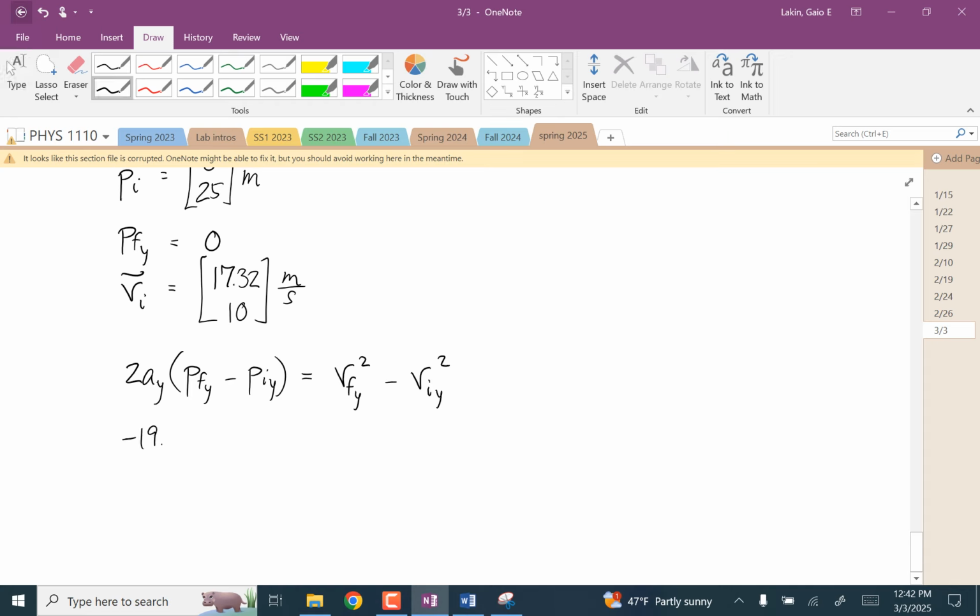So negative 19.62 times the quantity 0 minus 25 is equal to VFY squared minus 10 squared.